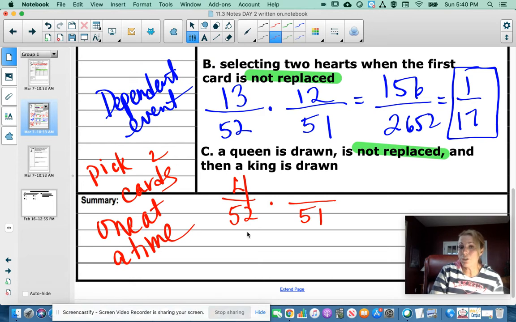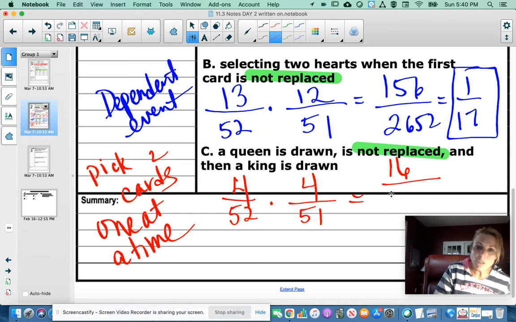That's 4 out of 52. I pick a queen. I take that card out. I now have 51 cards to choose from, but I didn't take out a king. So what's the probability of getting a king? That's 4 out of 51. There's still 4 kings in the deck. 4 times 4 is 16, and 52 times 51 is 2652, and that reduces to 4 over 663.